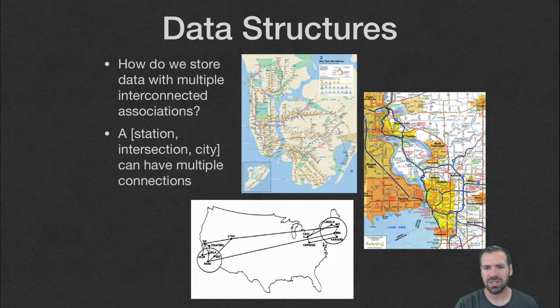And then we end up getting data like this. So with those data structures in mind, what do we do with data like this? Right here we have New York City's subway stations, connected by subway lines. We have roads, which are effectively intersections that are connected by roads.